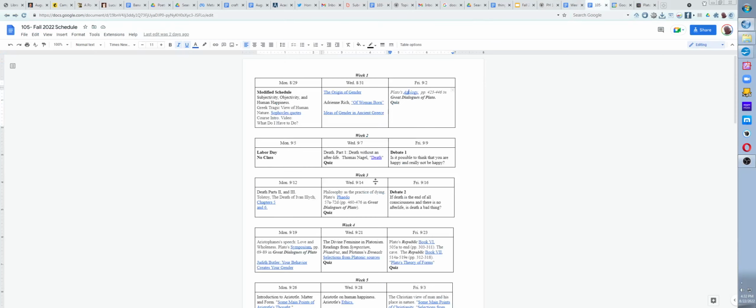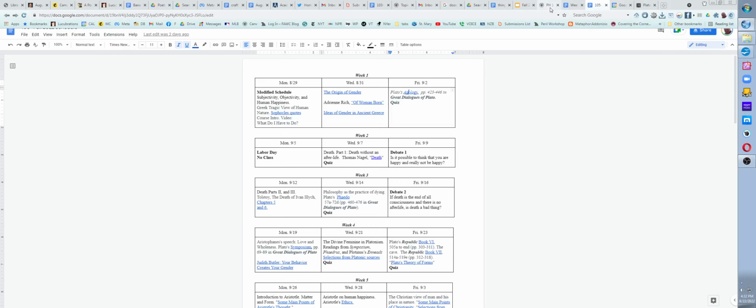So that schedule has all of the readings for each day. It also has the dates for the debates. It also has any of the quizzes or due dates for exams, or also our major quizzes are also listed on the schedule. So that's the main resource that you'll want to have ready access to, is our schedule with links, because all of the readings for the course come right off of that schedule.